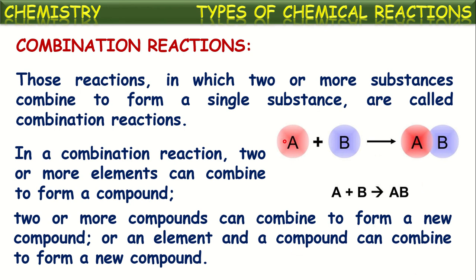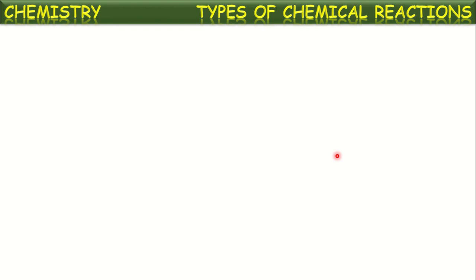In this way, two or more substances combine together to form a new substance. These are called combination reactions. So here A and B might be two elements, or two compounds, or one compound and one element. The combination might be between any. Let us see examples one by one.